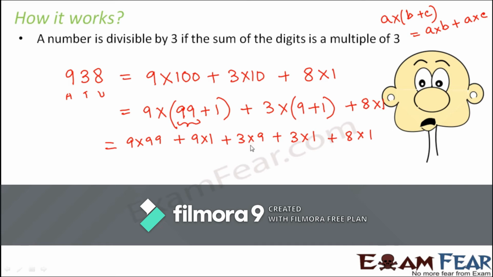So any term which has 99, or which has 9 rather, will be divisible by 3. So this term is divisible by 3. This term is also divisible by 3 because this has 99, this has 9. Now here in this case you can also say that this term will be divisible by 3 because it is 9, but this 9 has actually come from this digit, right?